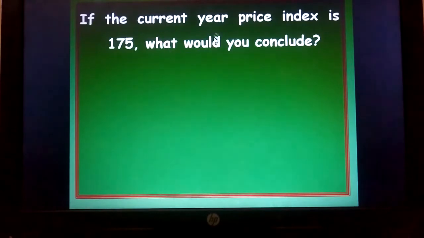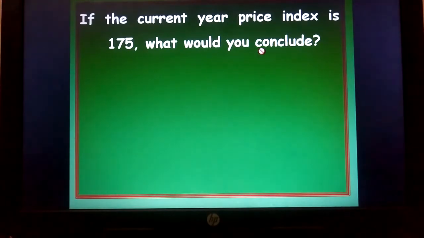If the current year price index is 175, what would you conclude? It's already been decided that the current year price index number compared to the base year is 175 or 175%. What would you conclude?